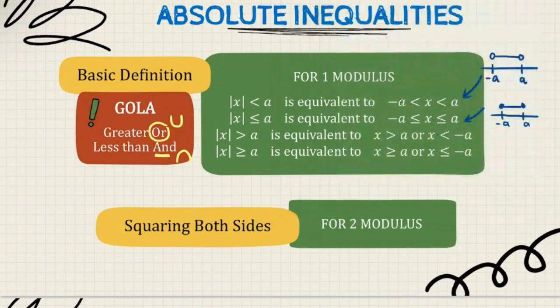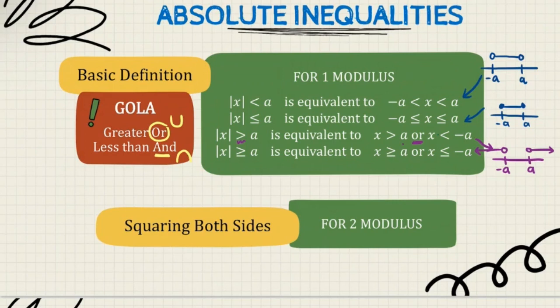Okay, and kalau melibatkan greater than or equal to, x greater than a or x less than negative a. So macam mana rupa dia dalam number line? So dalam number line dia akan kelihatan seperti ini. Negative a dengan a. So x greater than a will be on the right side and negative a ke arah kiri.